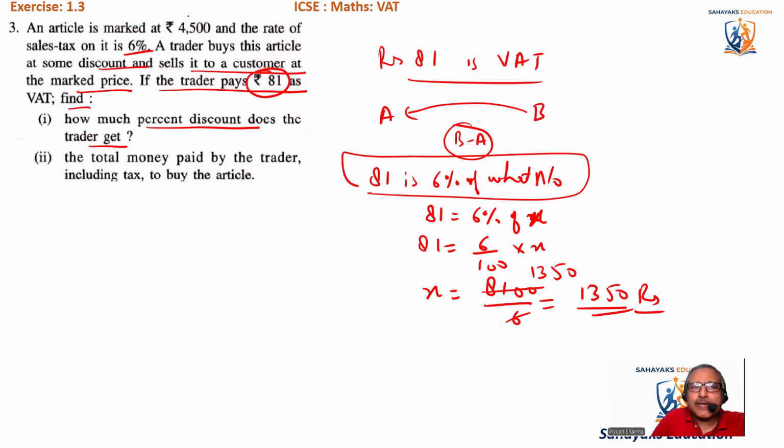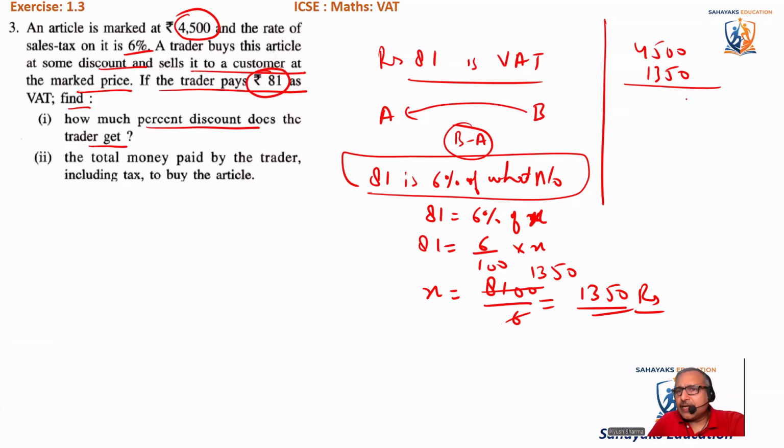Now, what was the marked price? Marked price was 4500. But he got some discount, a discount of 1350. So when we subtract it, 10 minus 5 is 5, 4 minus 3 is 1, and 4 minus 3 is 1, and 4 minus 1 is 3.